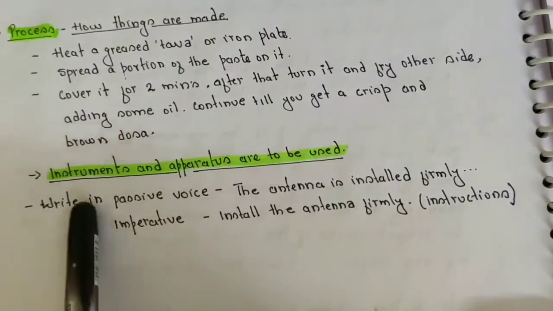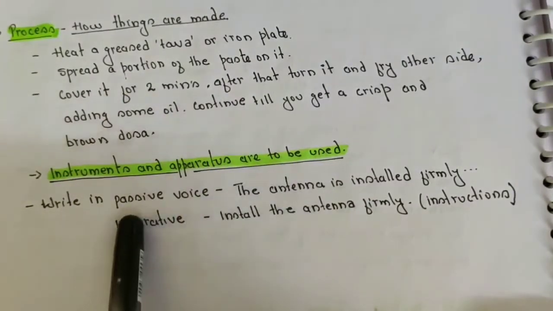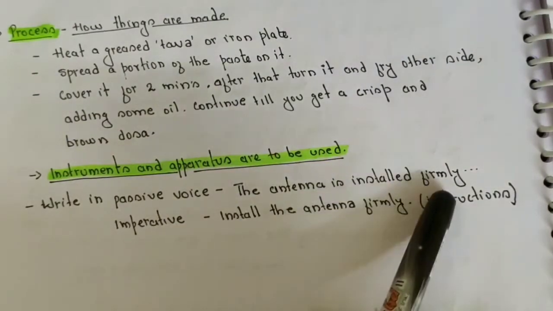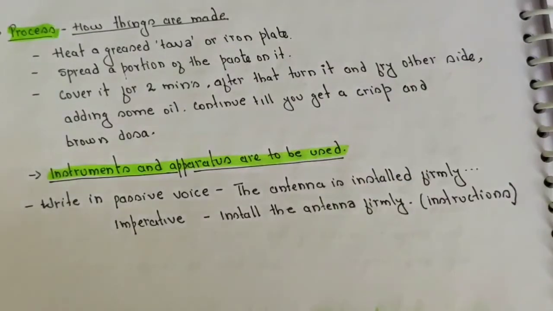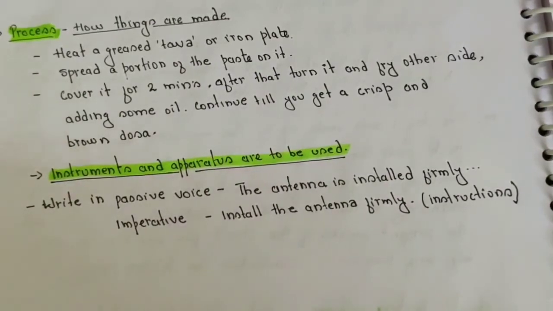So while writing, where instruments and apparatus are to be used, you have to write in passive form. Like the antenna is installed firmly so that it will not move. Then connect the TV's main plug to the socket. With the help of the remote, set the settings for channels and so on.